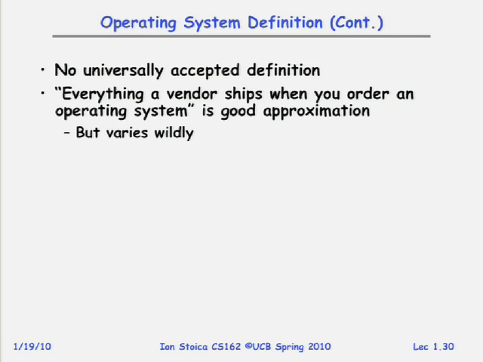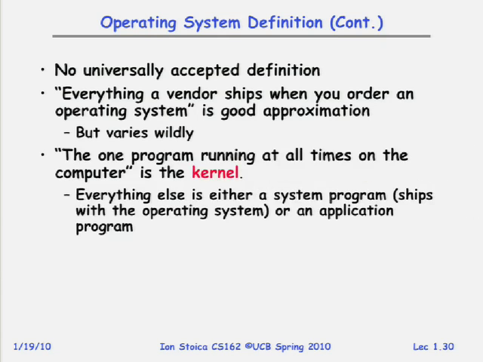So you get a Dell or a Mac, everything which comes with it is part of the operating system. But what you get varies widely, right? You get browsers, you get chat applications, right?